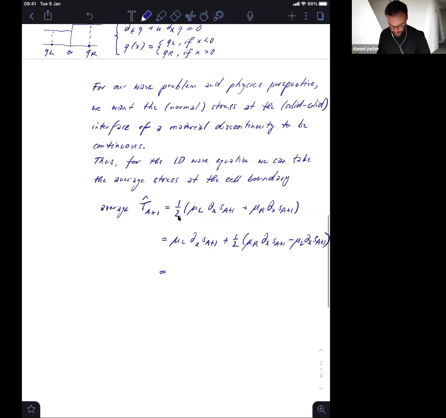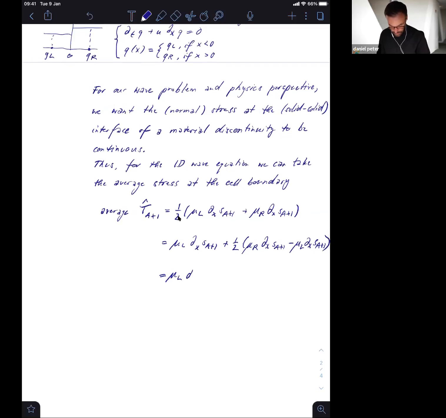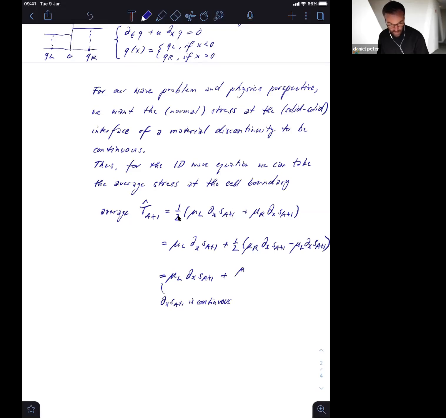Which again can be simplified a bit, because the strain, the derivative of the displacement at that position, is continuous. So we know that this is continuous. So the only jump we have is in the materials.